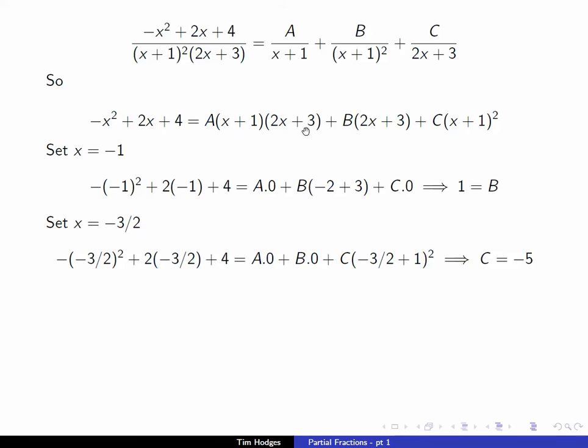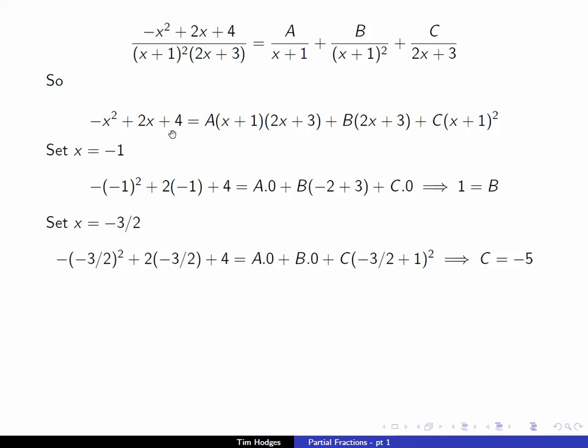Now we don't have any more obvious choices of x, and we still have to work out what A is. But we can actually make any choice of x that helps us. I find that the easiest choice now is usually to take x equal to 0 and see what we get.